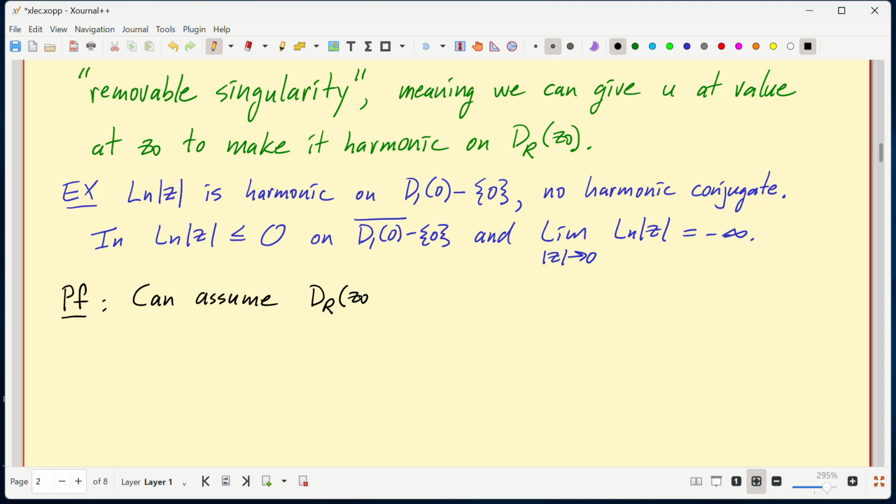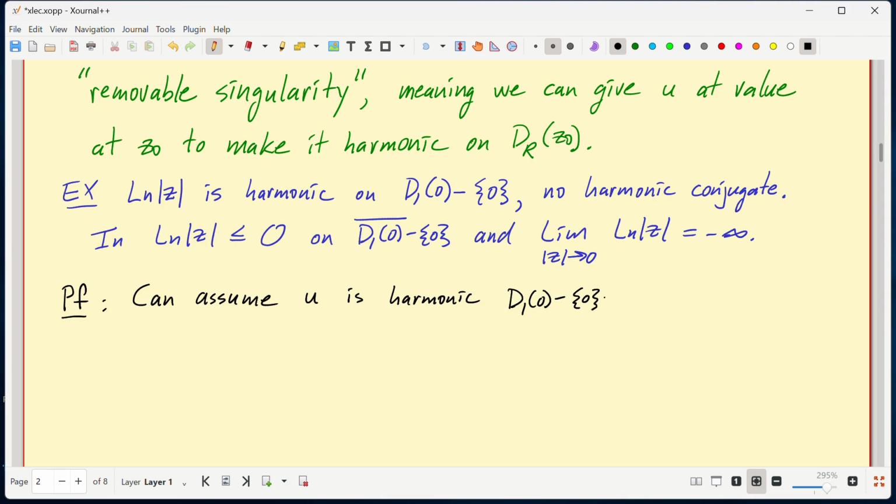So let's see. We can assume we have our u is harmonic, by doing the change of variables just like before. We can assume it's harmonic on D_1 minus 0.